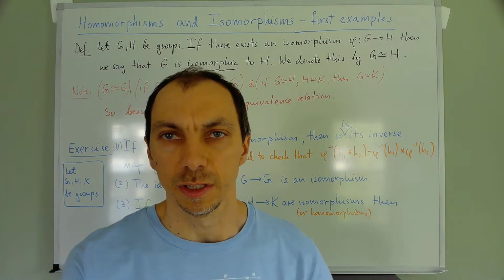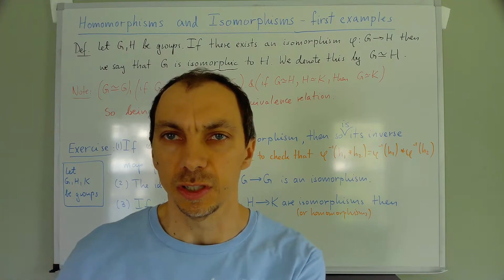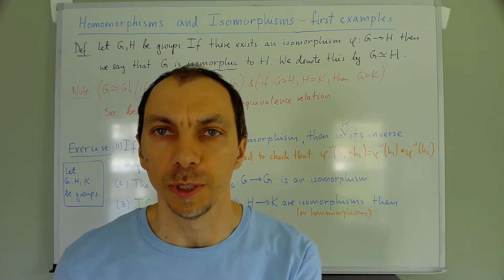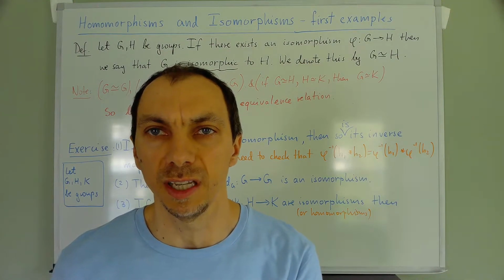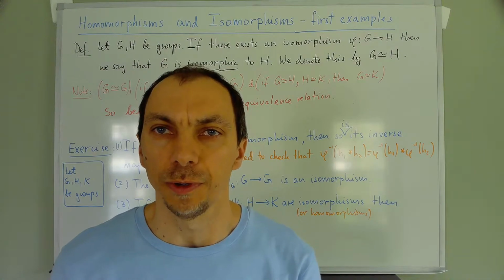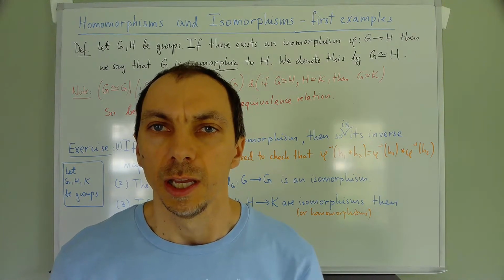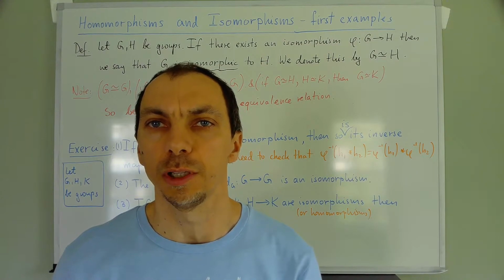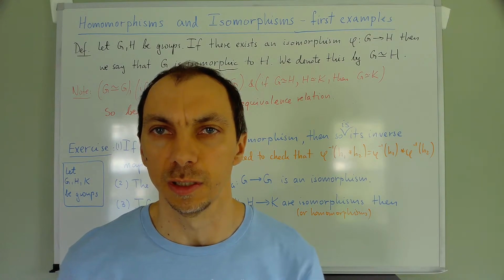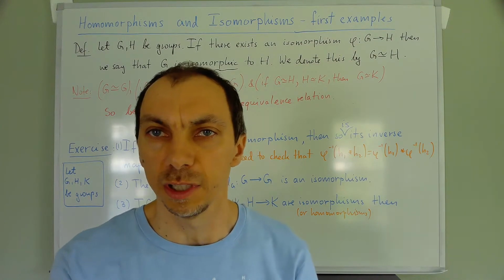The different ones would be called non-isomorphic, while the ones that look the same from the point of view of group theory would be called isomorphic. I don't want to say they're equal, because they might not be the same object, but they look isomorphic, which means indistinguishable from the point of view of group theory. There are no tools in group theory to distinguish between these two objects. You need tools from other parts of mathematics to distinguish between them. And you will see in a moment examples.